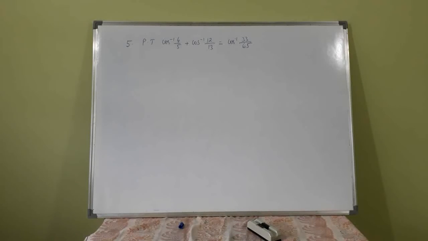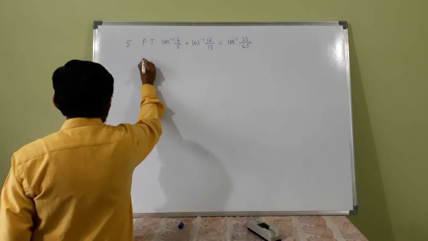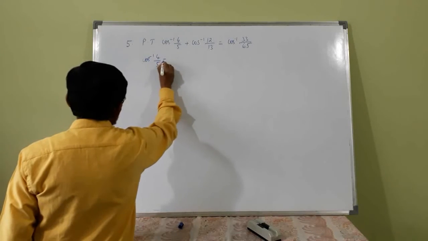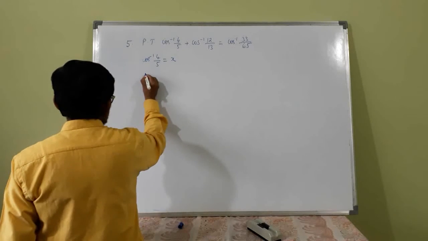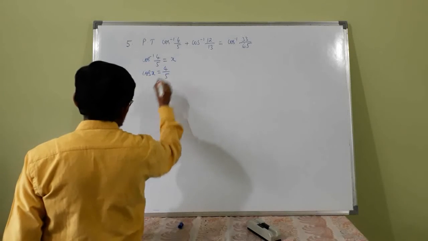Prove that cos inverse of 4 by 5 plus cos inverse of 12 by 13 is equal to cos inverse of 33 by 65. Here also you have to express the cos inverses in terms of tan inverses. Now let cos inverse of 4 by 5 be equal to x. Then cos x is equal to 4 by 5.